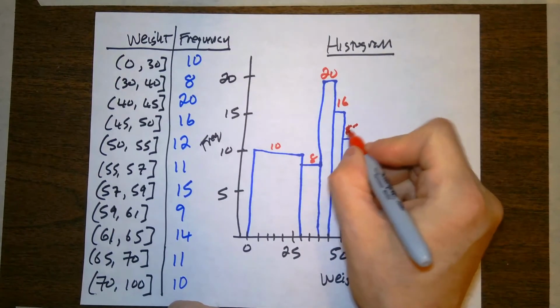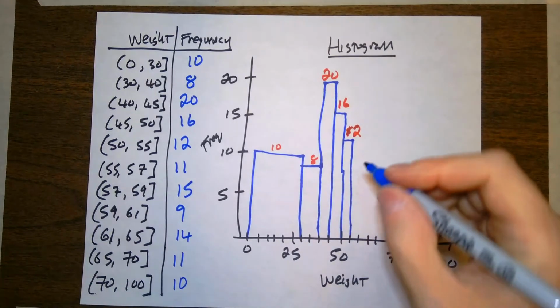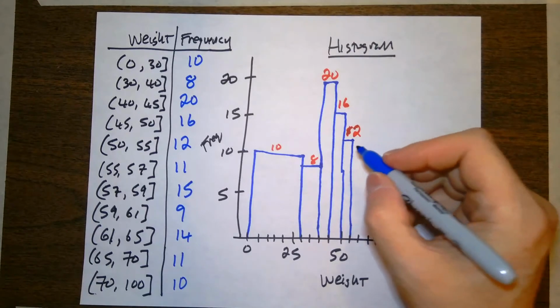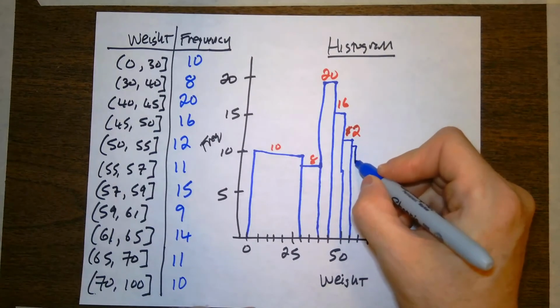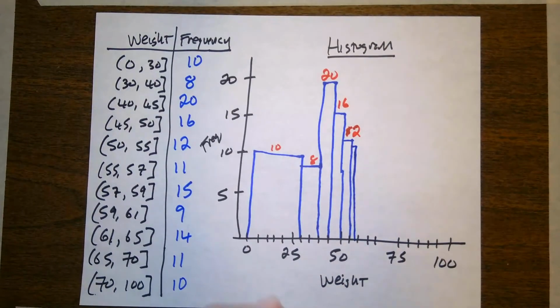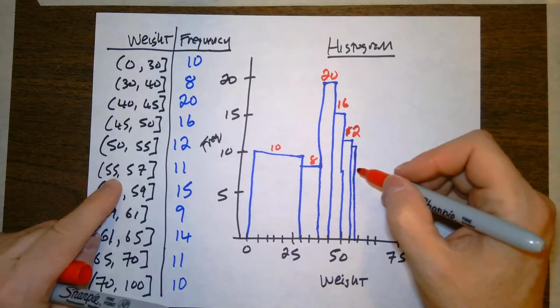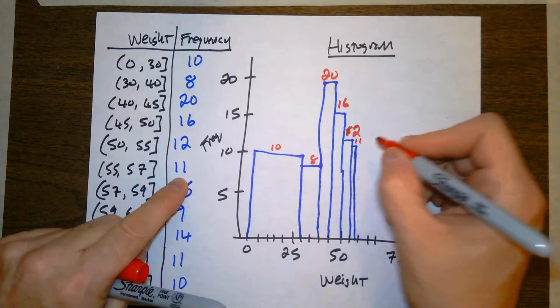My next class goes from 55 to 57, even more narrow. 55 to 57, and there were 11 of those. So the next class is even smaller and narrower. I'm having a hard time writing the numbers up there. In this class, from 55 to 57, there were 11.